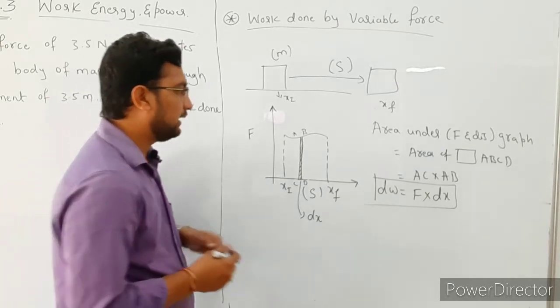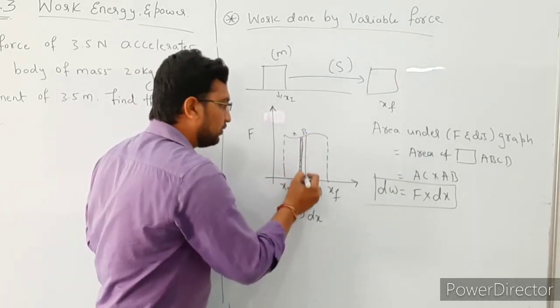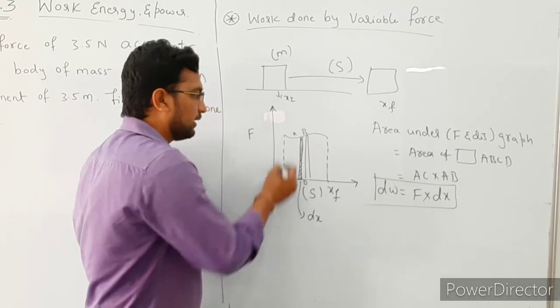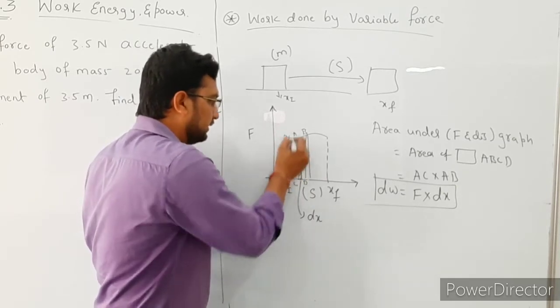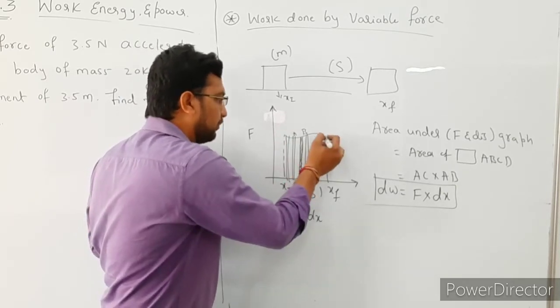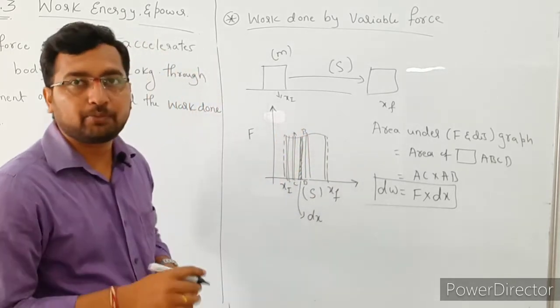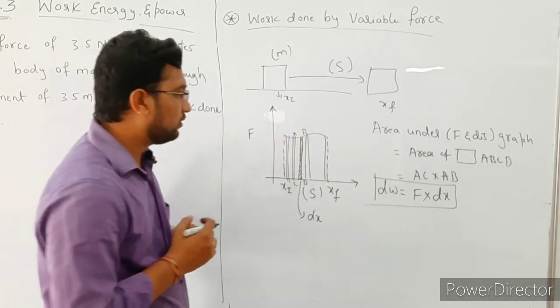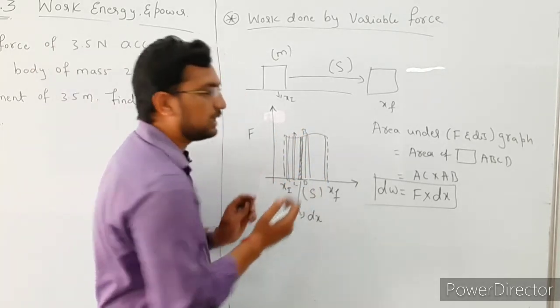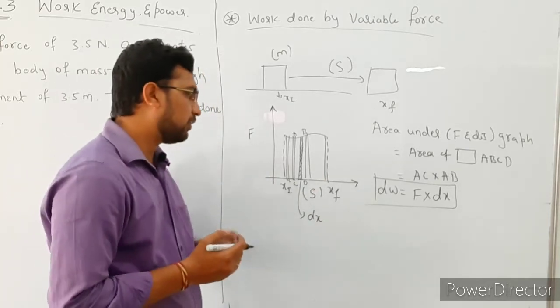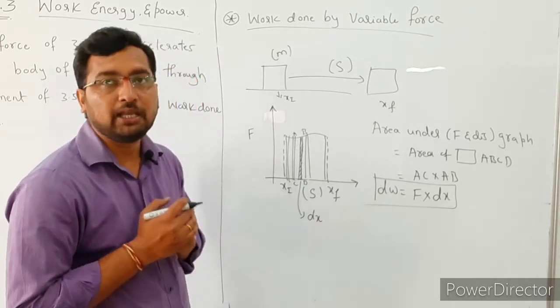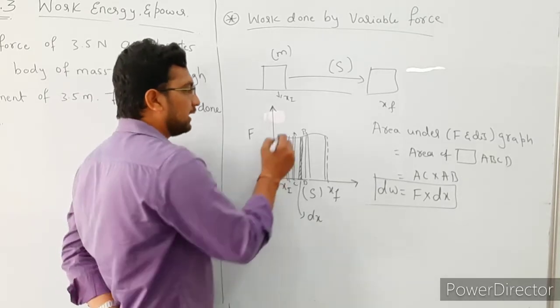Similarly, we divide this graph into very small strips: the first strip, second, third, fourth, and so on up to the nth strip. If we want to find the total work done to displace the body from the initial position to the final position, we add the work done in each strip.